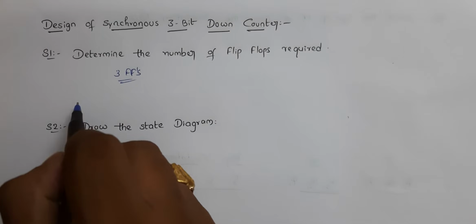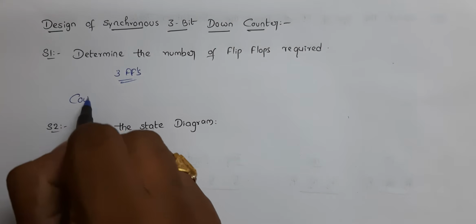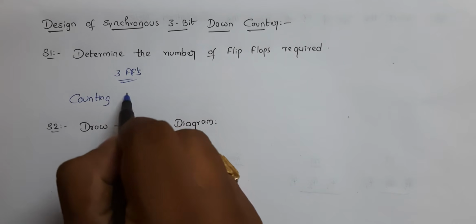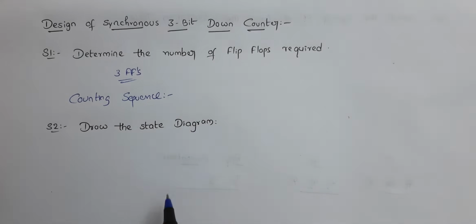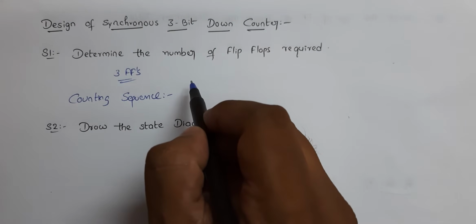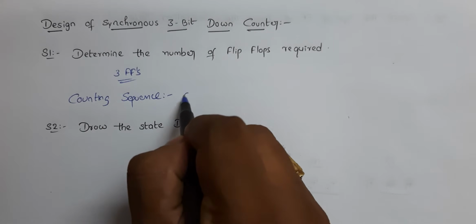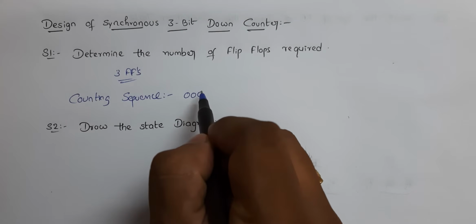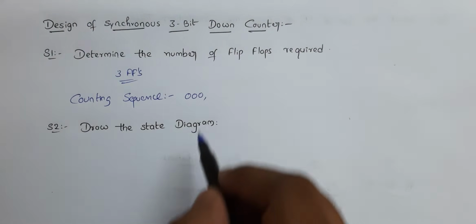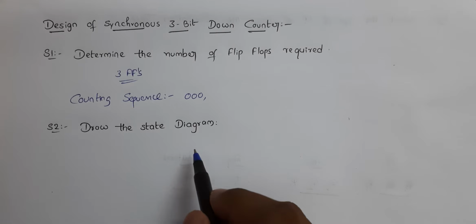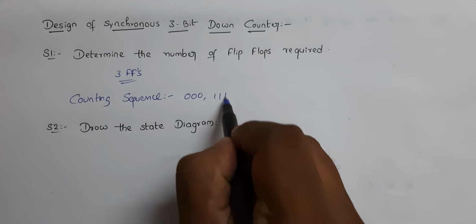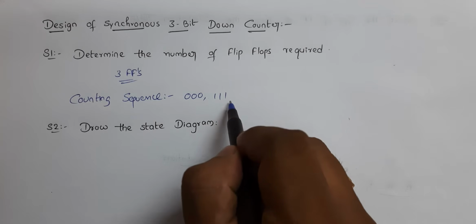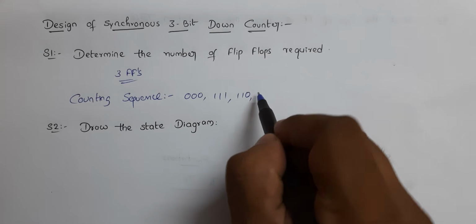And the counting sequence is also very important. Here this counter is a 3-bit down counter. So the sequence starts initially at 0 0 0. Basically it is a down counter, so after the start state 0 0 0, immediately it goes to 1 1 1 and then 1 1 0.